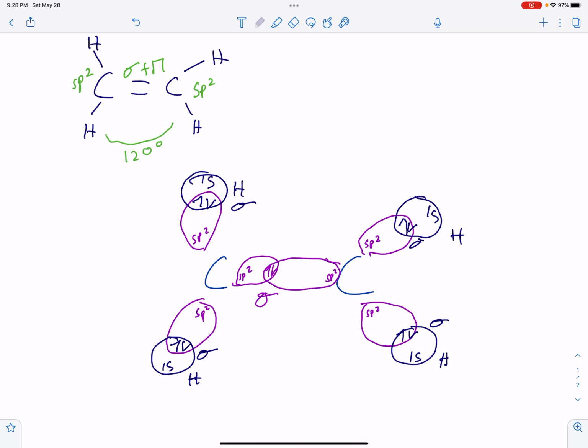All right, next thing is a part that students will often forget about, and that's the fact that each of these carbons' sp2 orbitals has a back lobe to it. Now, the back lobe is a result of constructive and destructive interference of the atomic orbitals.